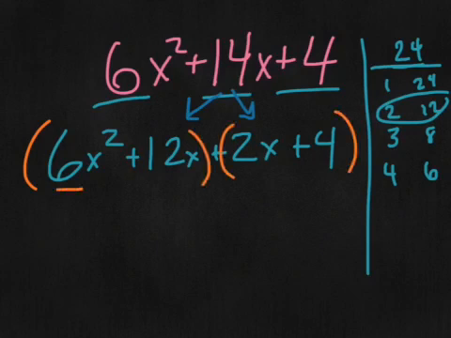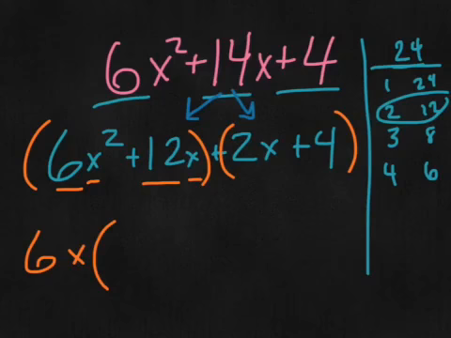Both of these are divisible by 6. They're also both divisible by x. So I'm going to pull out a 6x. That will leave us with x plus 2. 6x squared divided by 6x is x, and 12x divided by 6x is 2.